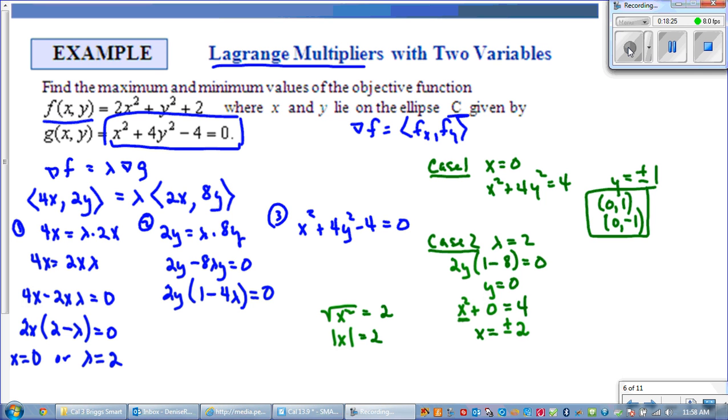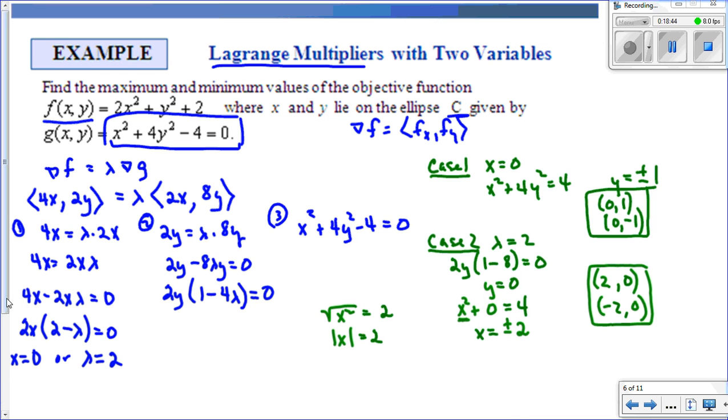So now we have that when y was 0, x is plus or minus 2, so we have two more points, (2, 0) and (negative 2, 0). So now let's finish it up here. Look at the 4 points, and let's figure out which one actually gives you that maximum value.